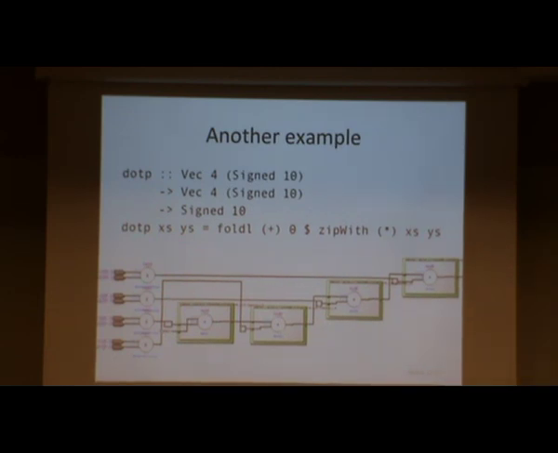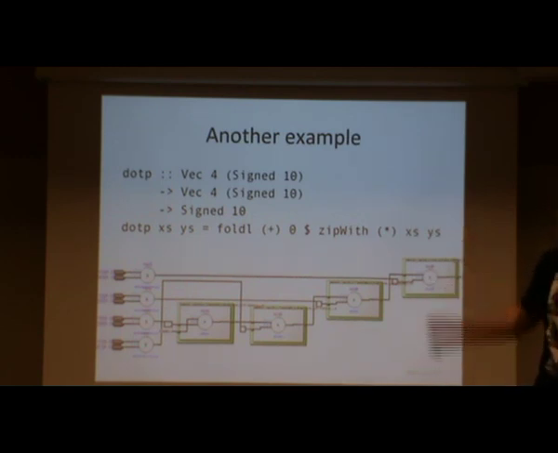Of course, you know this from Lava, but my compiler does the same. And then we get this adder tree, because I use a fold with full length. These are just 2 small examples of what CLaSH code looks like.